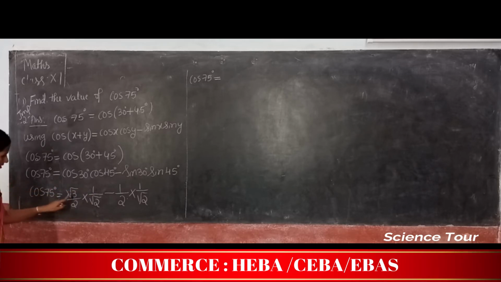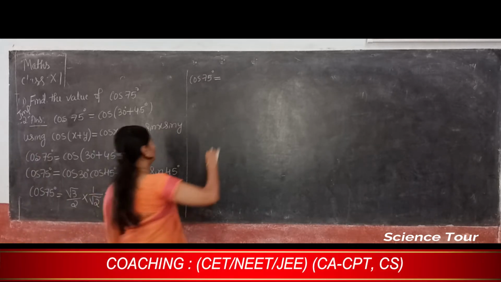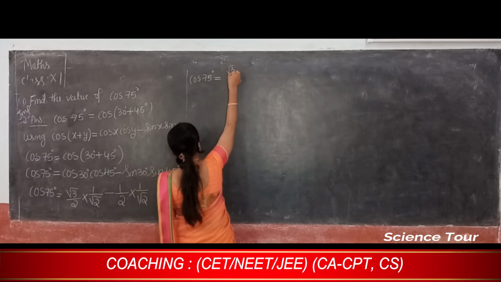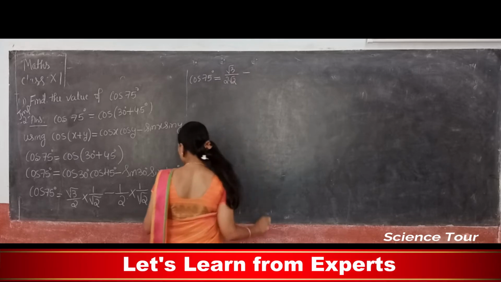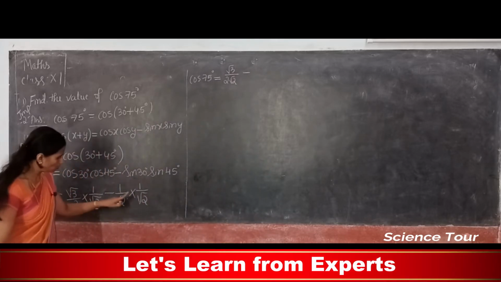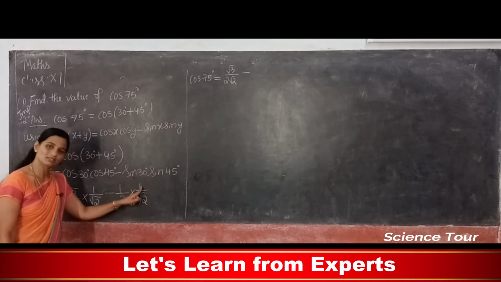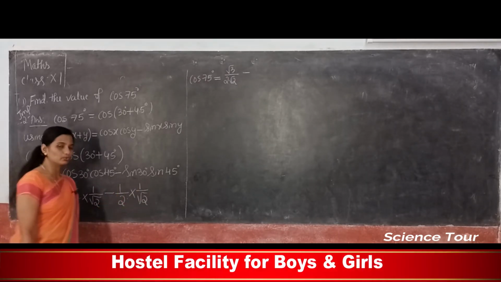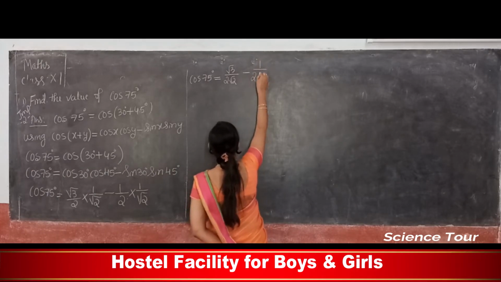Root 3 into 1 is root 3, 2 into root 2 is 2 root 2. So answer is root 3 divided by 2 root 2 minus 1 by 2 into 1 by root 2. 1 into 1 is 1, 2 into root 2 is 2 root 2. So it is 1 by 2 root 2.